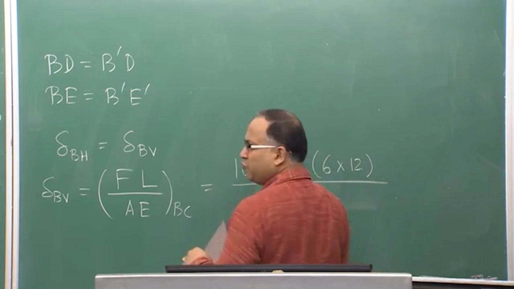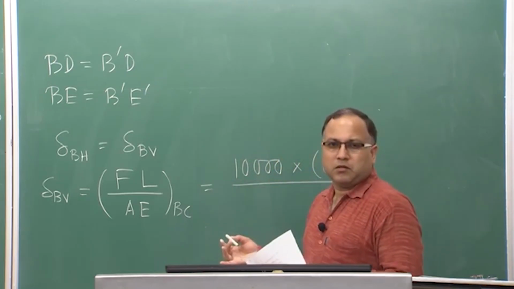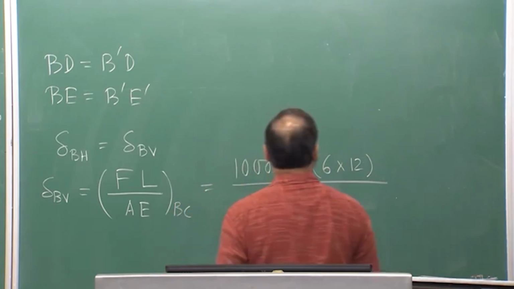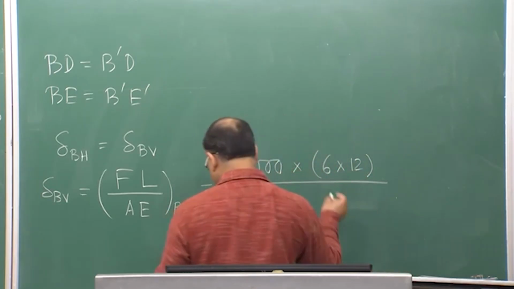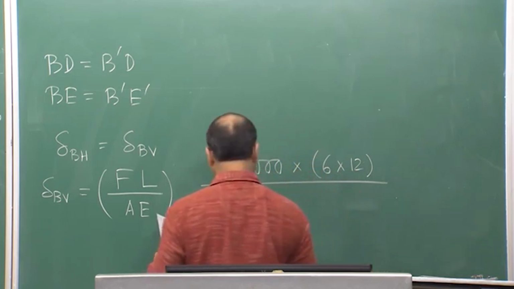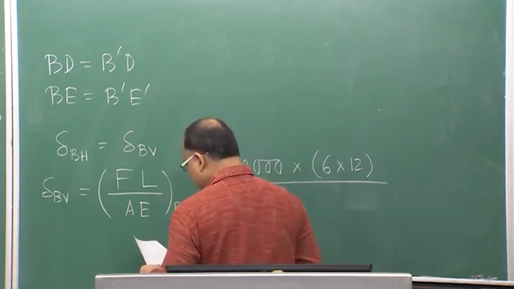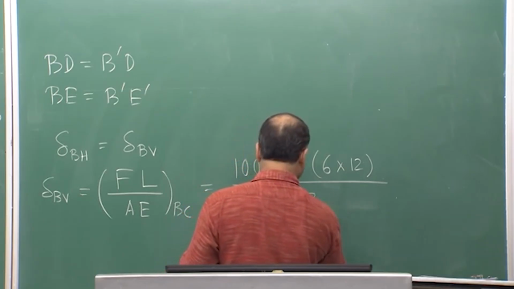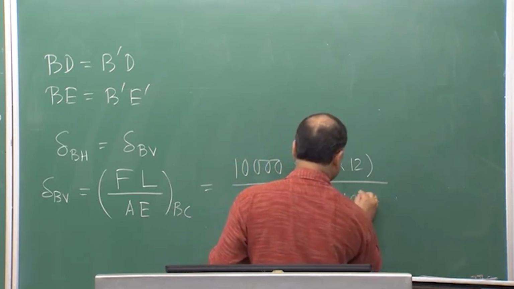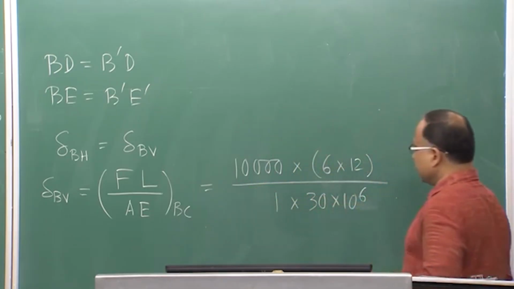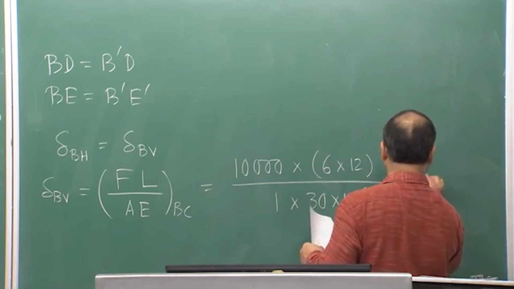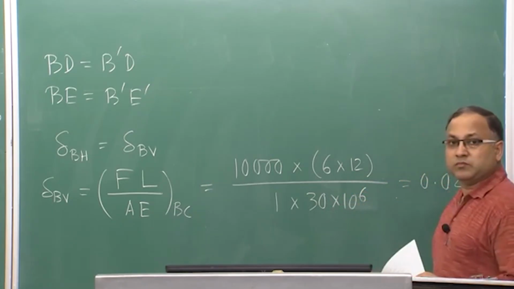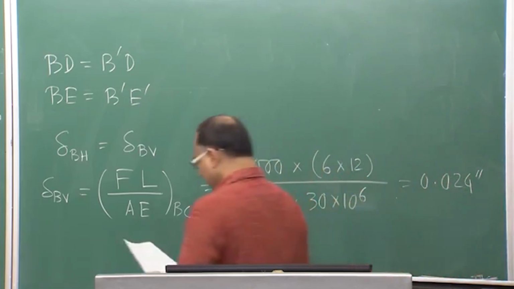I am doing this problem in FPS units, but it does not matter whether you do it in FPS or SI; you have to be consistent with your unit system. Then the area is given as 1 inch square, into 30 into 10 to the power 6, that is the E value. That comes to around 0.024 inch.